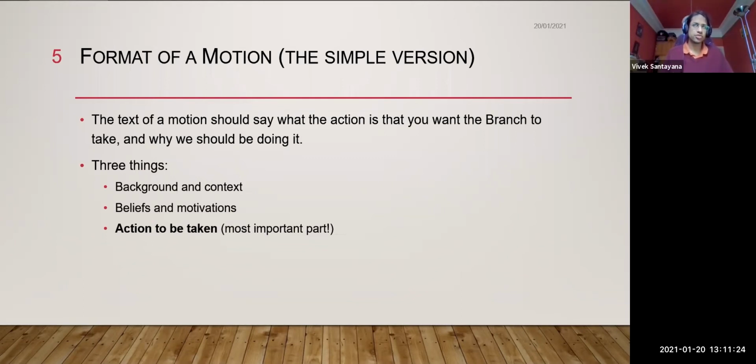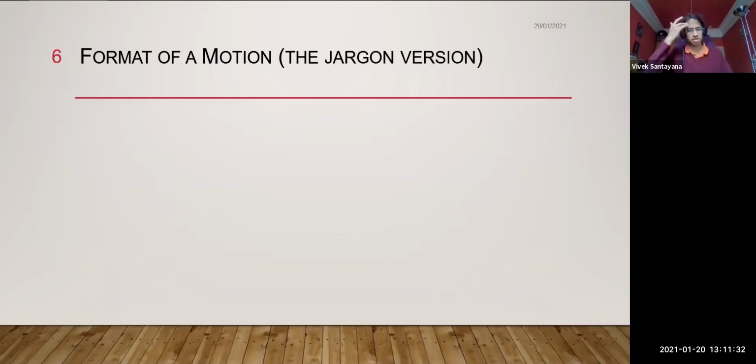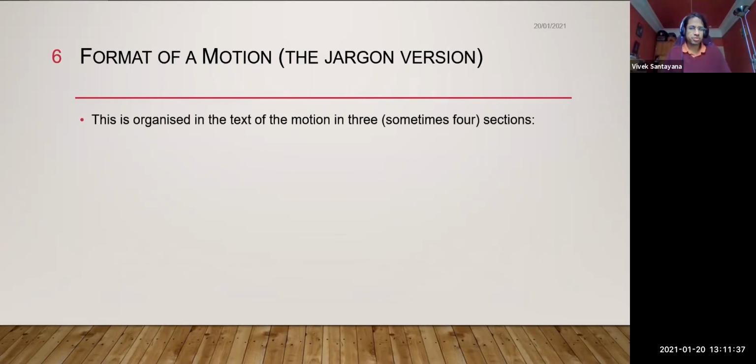Now, you can develop this structure into the formal template that we use in our branch. And the more complicated formal version of this structure is this. The text of a motion is normally broken down into 3 or sometimes 4 sections, depending on the specifics of the motion itself.